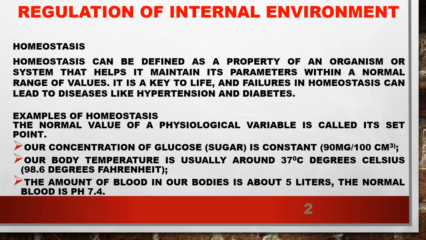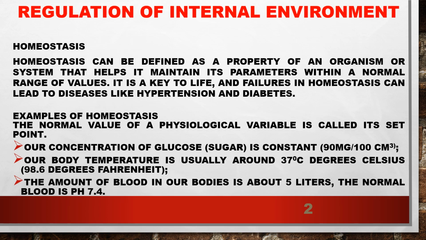However, deviation from the set point value of these internal parameters will lead to a problem in the physiological system of an organism. So the mechanism which ensures regulation of internal parameters within a normal range of value, often required by the body of an individual organism, is what we call homeostatic mechanism.